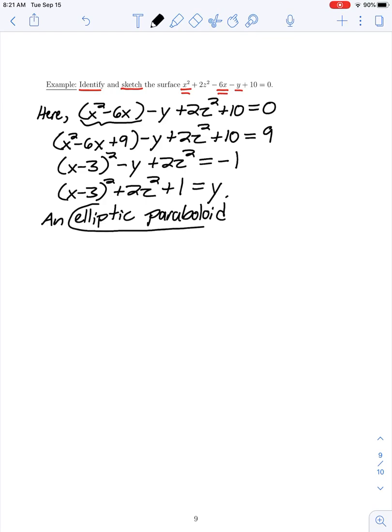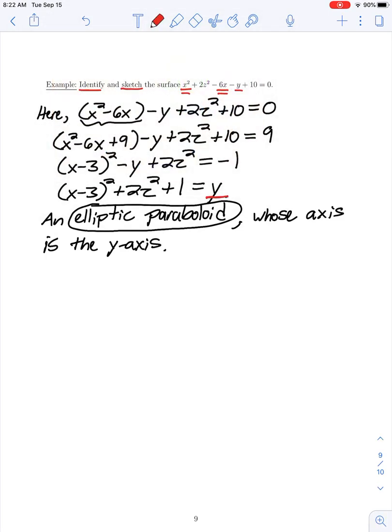So if we compare this form of our equation to the standard forms that we have discussed, we would see that we have an elliptic paraboloid, and maybe a little more information, whose axis is the y-axis here.